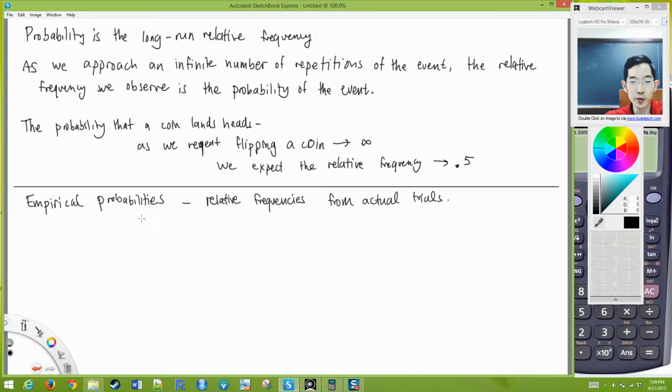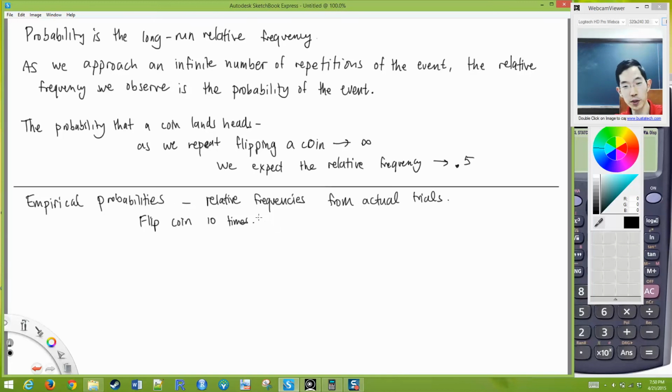So if you flip the coin 10 times, does it say as we repeat flipping a coin? It does not say that. It says, as we repeat flipping a coin to infinity, we expect the relative frequency to go to 0.5. The empirical probabilities are essentially relative frequencies from actual trials.